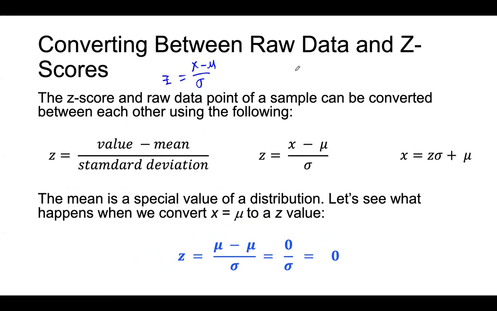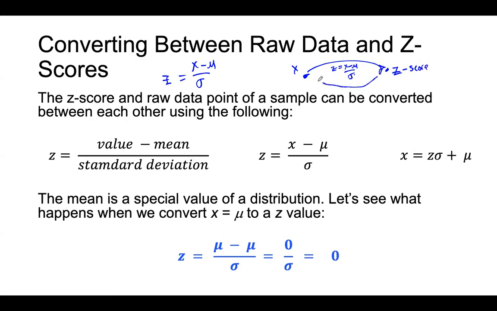So that is how we go from raw data: we apply this transformation to our data point, and we get our z-score.